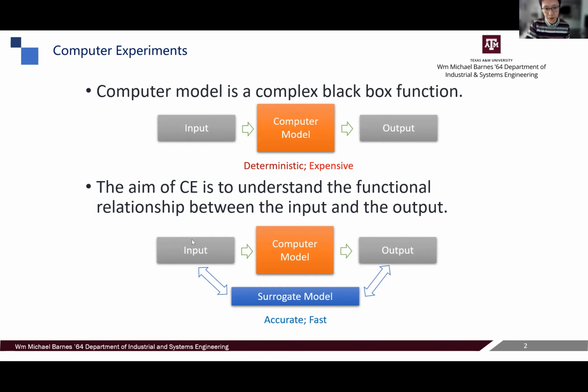Because the number of inputs is limited, we do not want a very large number of different input sites, so we can control the computational time, or we have a fixed budget. After we run this computer model at those points, we get outputs, and we use these inputs and outputs as our data to build a model. After we have this surrogate model, we can do prediction based on the surrogate model instead of running the computer model again, which can be much faster.